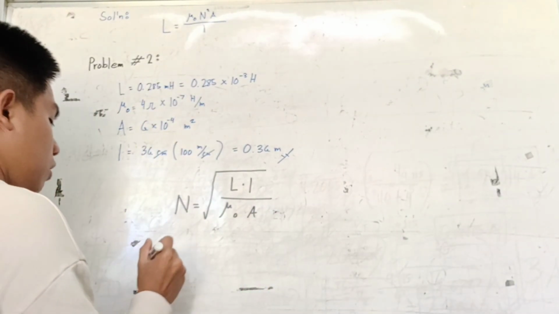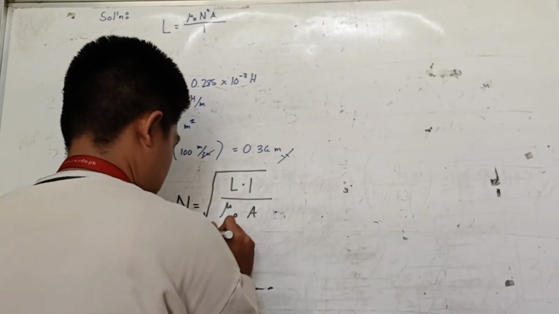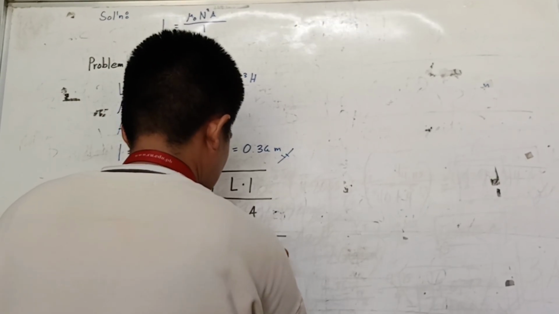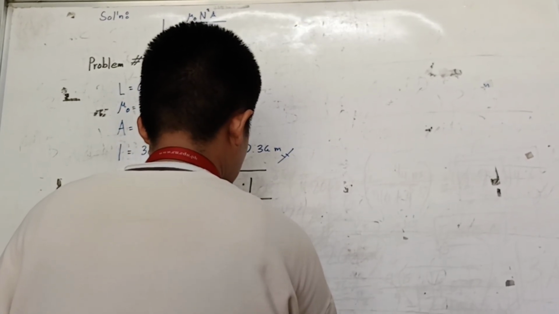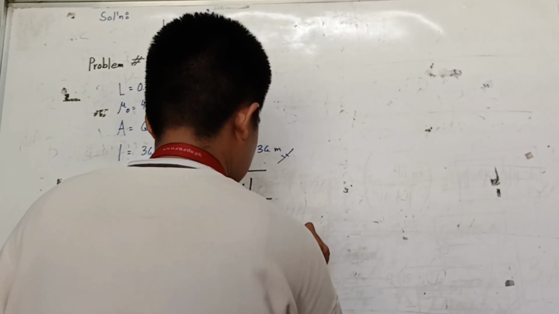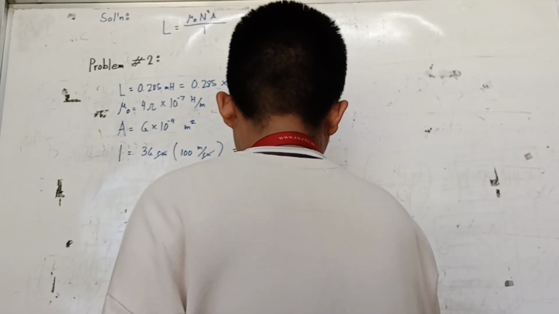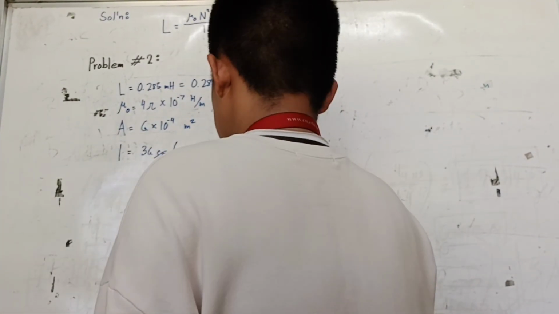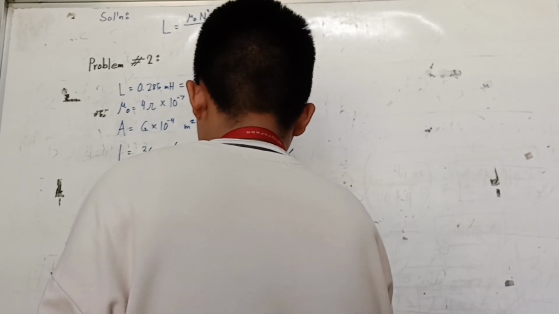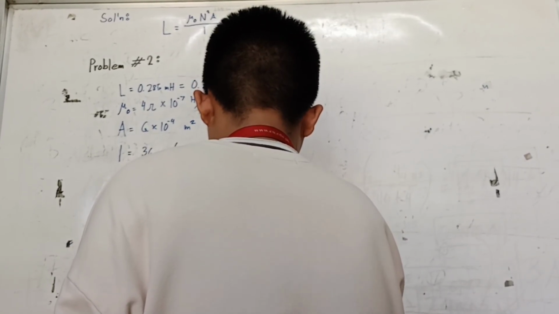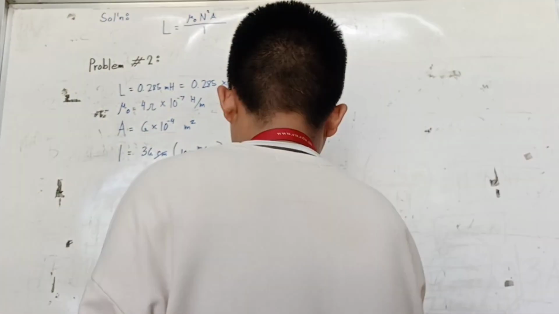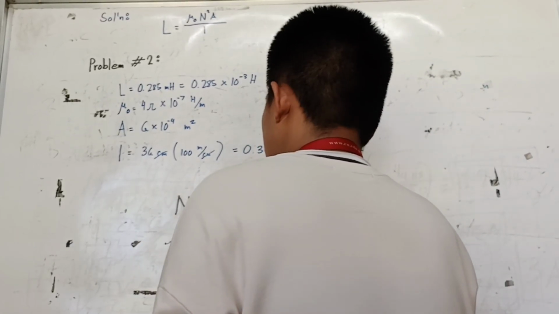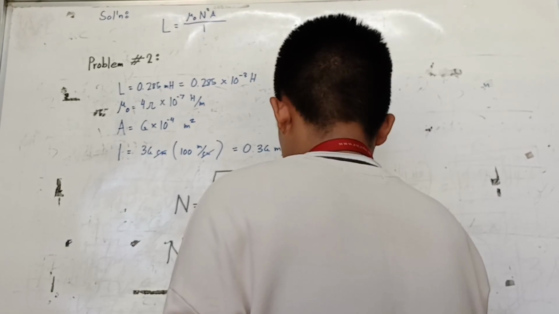Substituting, N is equal to the square root of the inductance, 0.285 times 10 to the negative 3 power, times 0.36 meters, over mu, which is 4 pi times 10 to the negative 7, times our area, which is 6 times 10 to the negative 4 power.